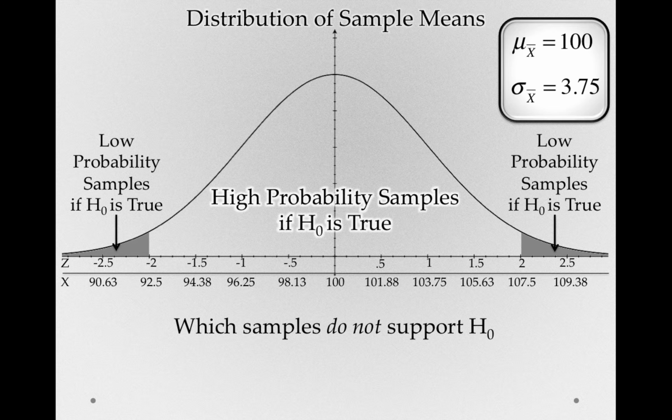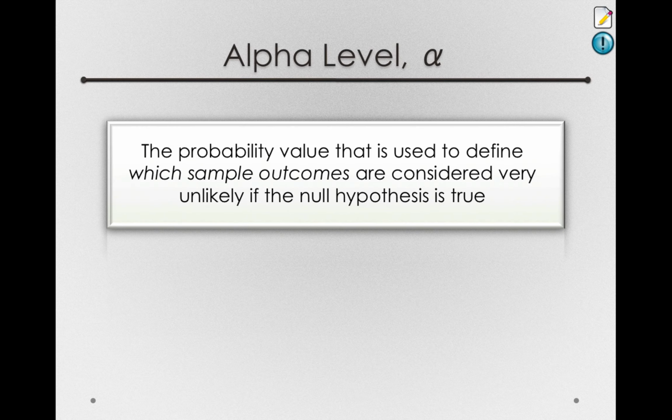So what we're going to do is define how big that low probability region is. And remember, when we get a sample in those tails, when we get a sample really far from 100, that will be a sample that'll lead us to reject as a good explanation the null hypothesis. So in doing this, what we're defining is called an alpha level. That is the probability value that we use to define which sample outcomes are considered very unlikely if the null hypothesis is true.